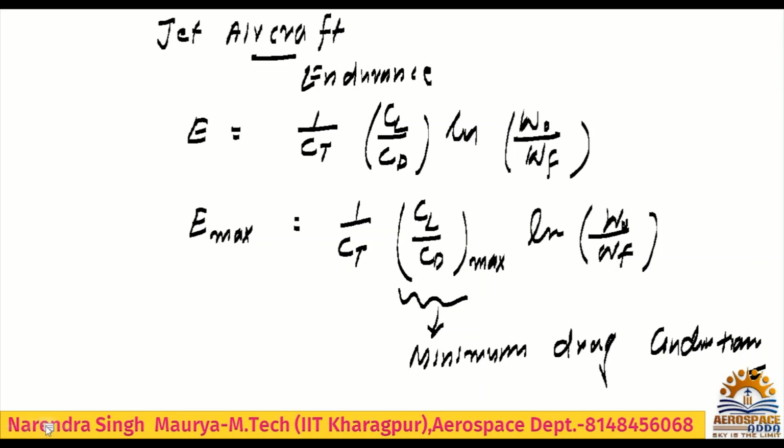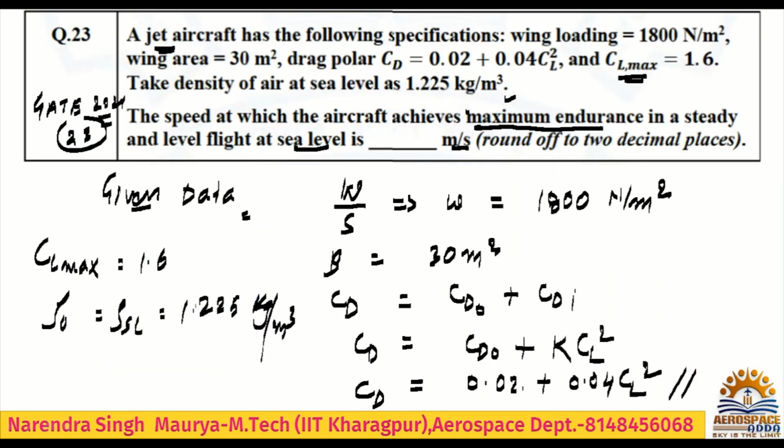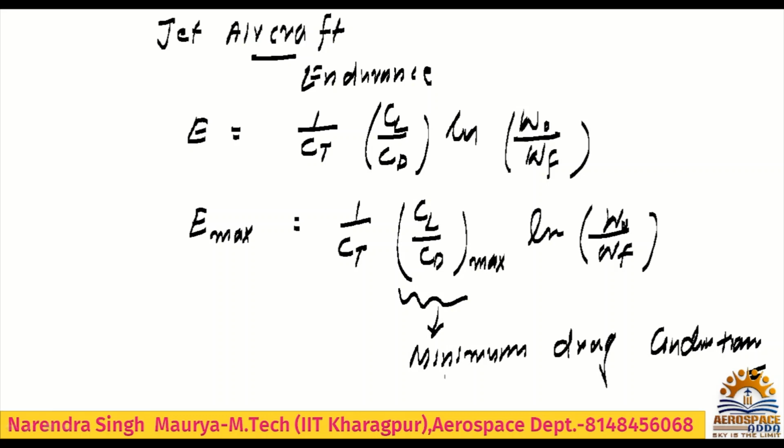If you go for the calculation of the speed at which maximum endurance occurs, you should know that condition. For maximum endurance, the aircraft should fly at the minimum drag condition, and at that condition, what will be the speed? That is your calculation.